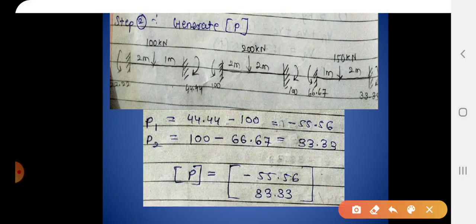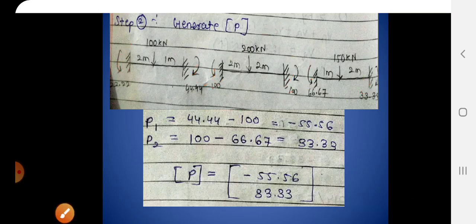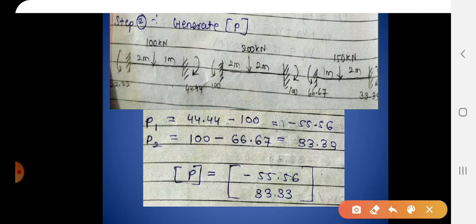Okay, then go to step 2, generate P matrix. Here what we'll do first, we will calculate fixed end moment for each span. We will go one by one. MFAB will be due to this central point load, minus PAB square by L square.